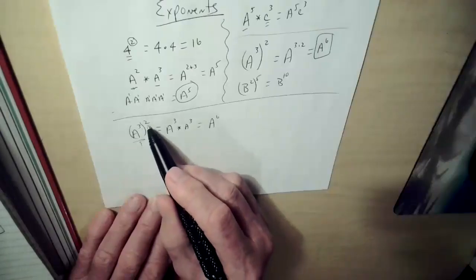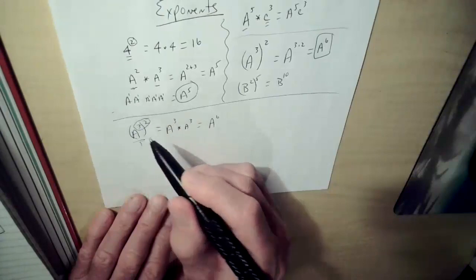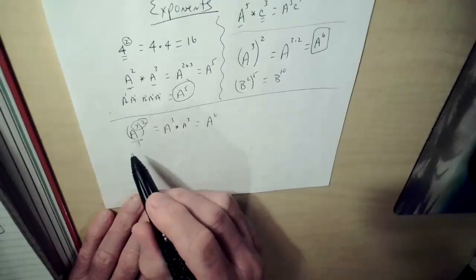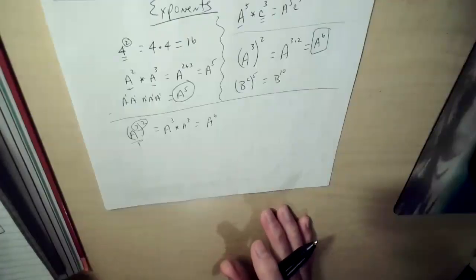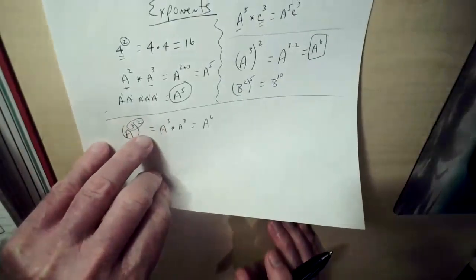We have the product rule. The product rule says that you have the same base numbers, you add the exponents, so that's a to the 6th. The rule here is if you have a power raised to a power, you multiply these two numbers, a to the 6th.